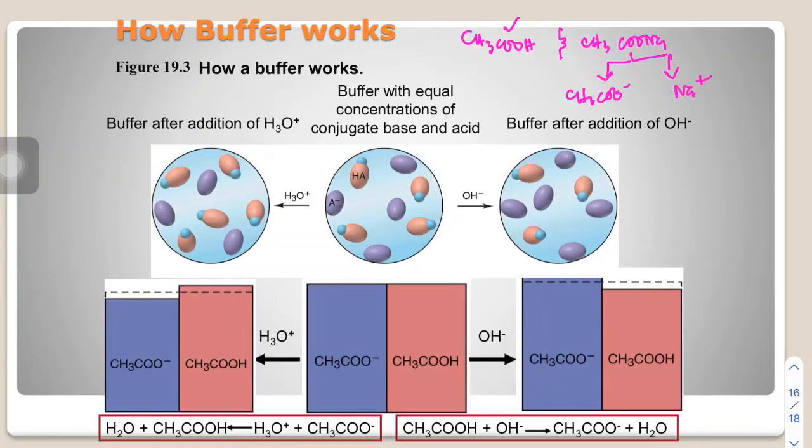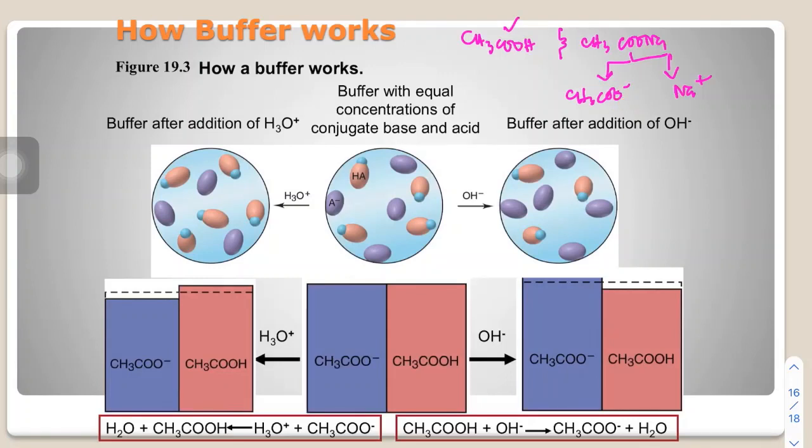And then in the buffer system we have to identify what is the acid and what is the base in the system. So in this case our acid is the acetic acid and the base is the acetate ion. This is our conjugate base.